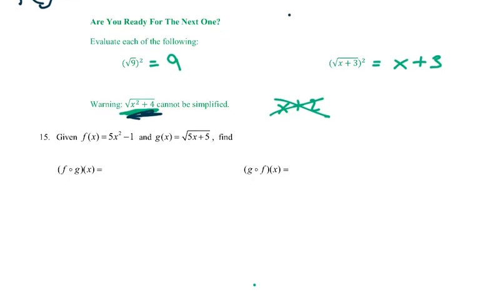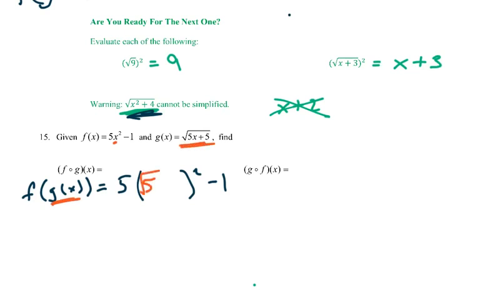We're going to evaluate and compose these functions. So remember, we're going to do f of g of x. So my f of x in this case is 5x squared minus 1. And my x in this problem is equal to my g of x. So that's going to be the square root of 5x plus 5.